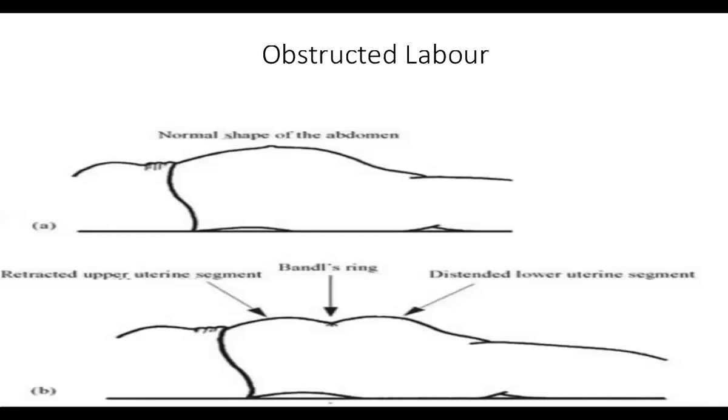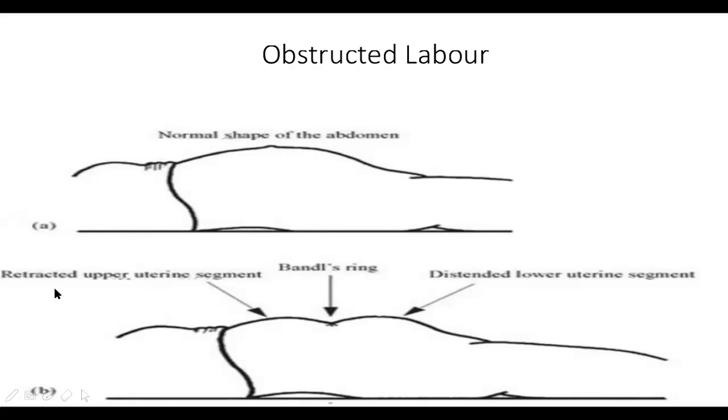Here we see the normal shape of the abdomen of a pregnant lady, which is a convex structure. But in obstructed labor there is a little bit of compression, which is called Bandl's ring. See, this is normal and this is Bandl's ring.